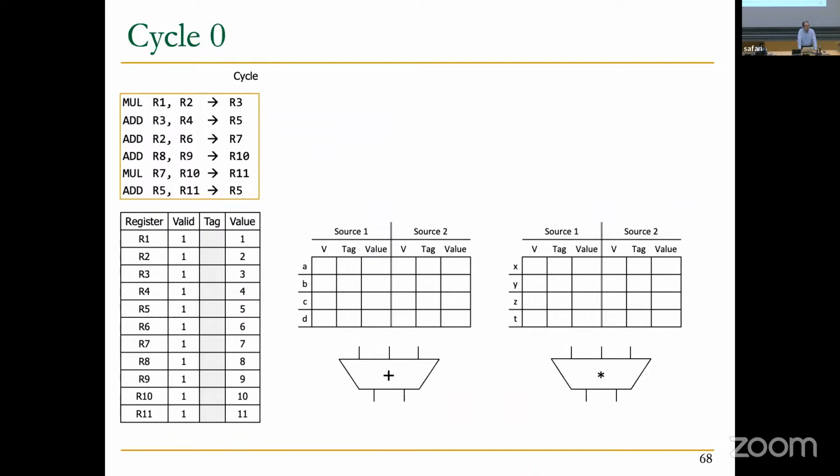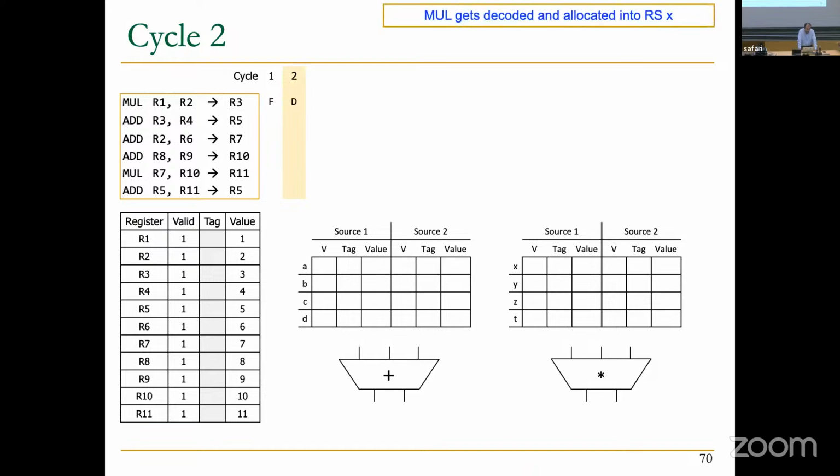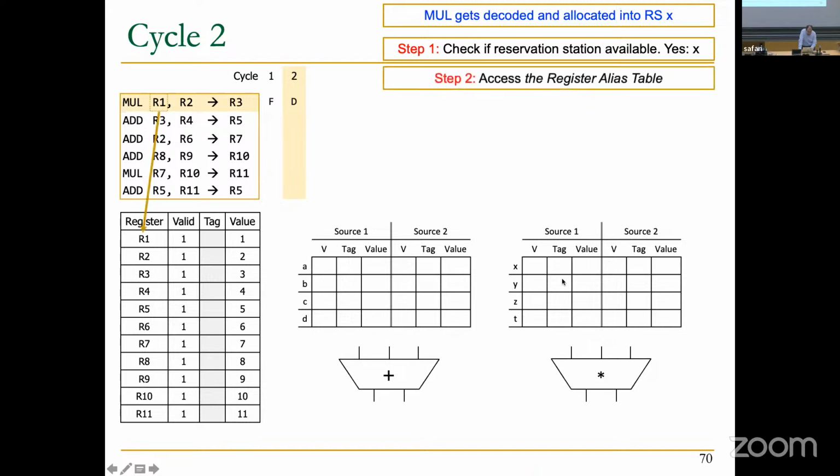So now let's go cycle by cycle. In cycle 1, we fetch the first instruction, which is the multiplication. In cycle 2, we need to decode. For decoding, we need to allocate a reservation station, right? The instruction is a multiplication, so we're going to reserve into this reservation station.